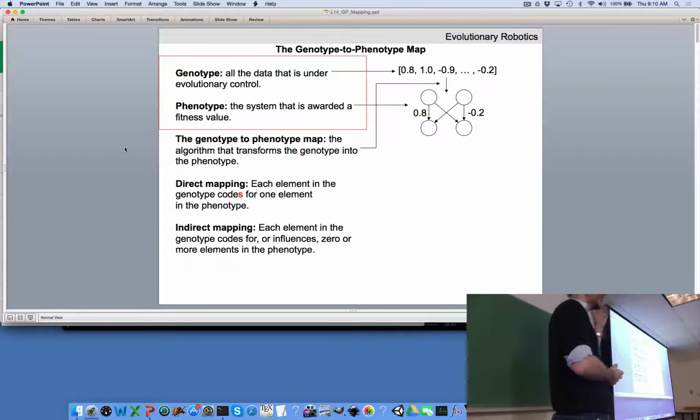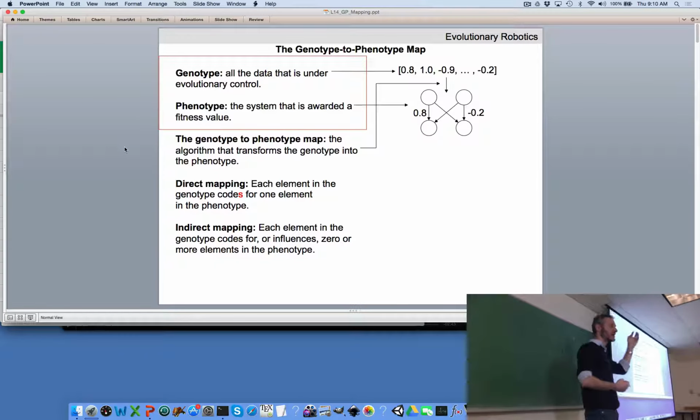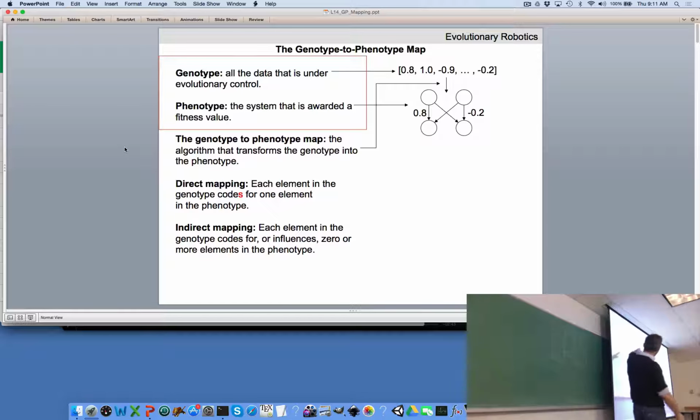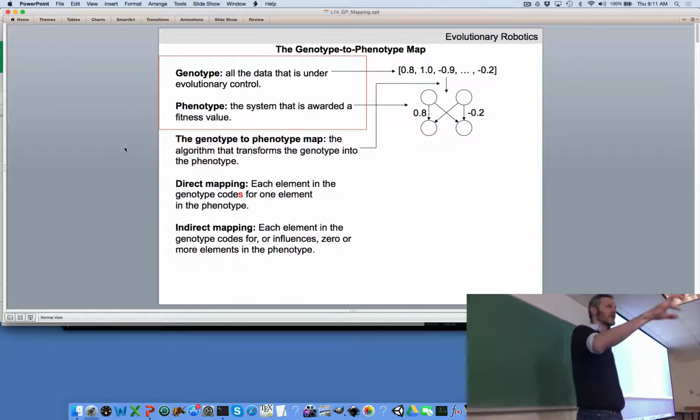So just to remember, the genotype is like the blueprint, the thing that contains all of the numbers or all the parameters, and those numbers help us to construct the phenotype, right? In our case, usually the robot. In most of what we've been looking at so far, most of the phenotype is actually fixed by the human investigator, and then a small part of the phenotype, just the synaptic weights, is under evolutionary control.